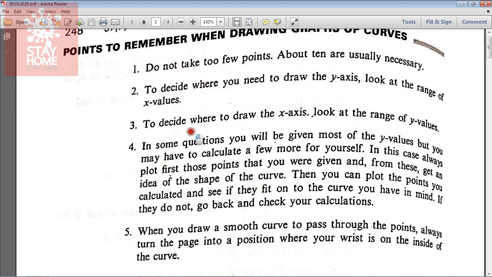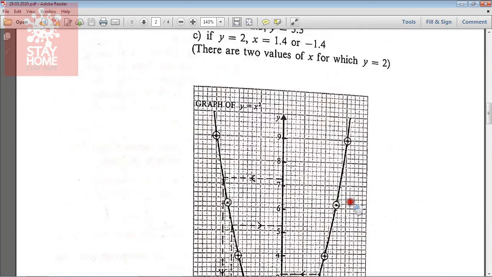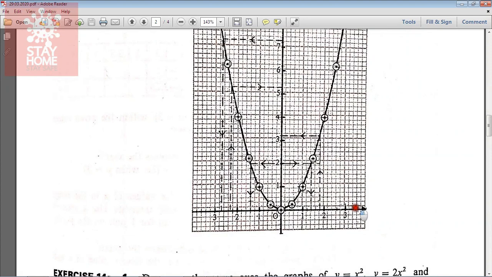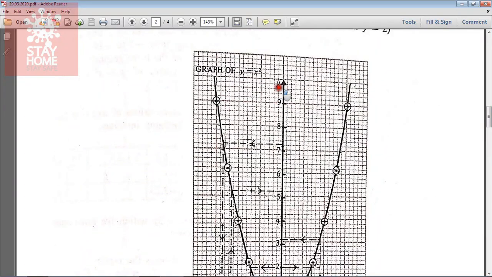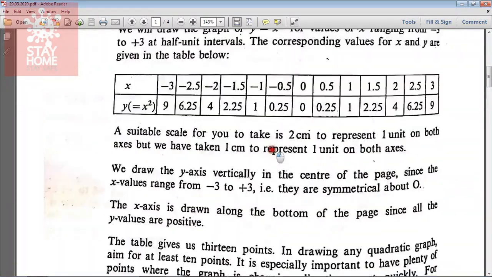If all the values of y are positive, there is no need to draw it in the center. You can see here all the y values are positive, so you will draw the x-axis at the bottom, not in the center, because no value is negative on the y-axis.